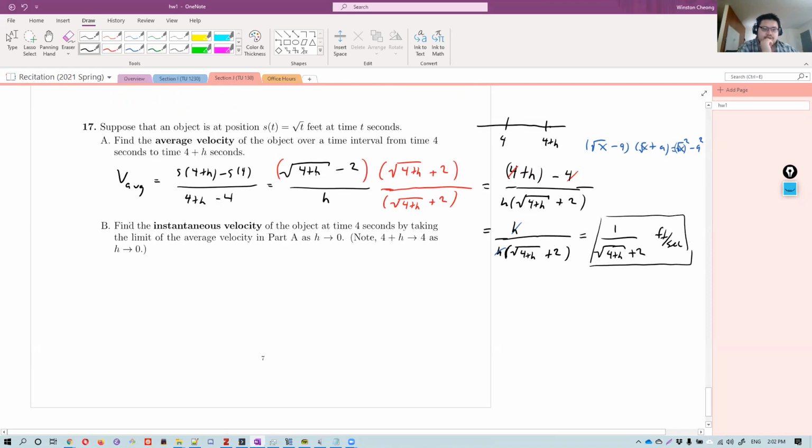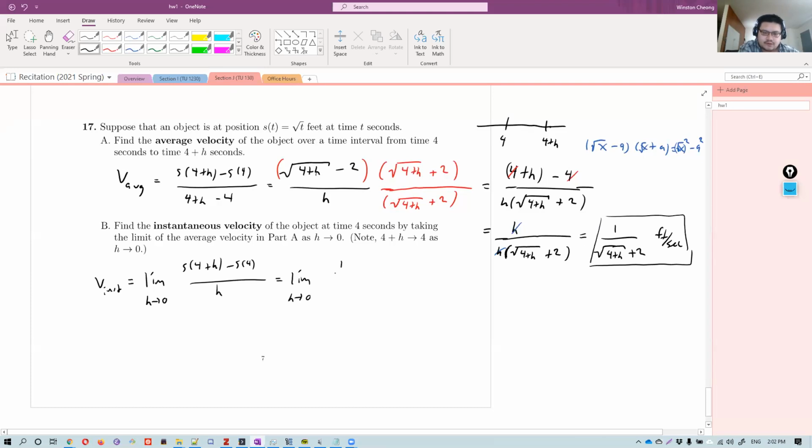And now we handle part B. So V, the instantaneous velocity, is going to be the limit of the average velocity. We let this go to 4. So in order to do that, we let h go to 0. So this is the limit as h goes to 0 of the expression above. We don't want to redo work, so we're just going to use it.